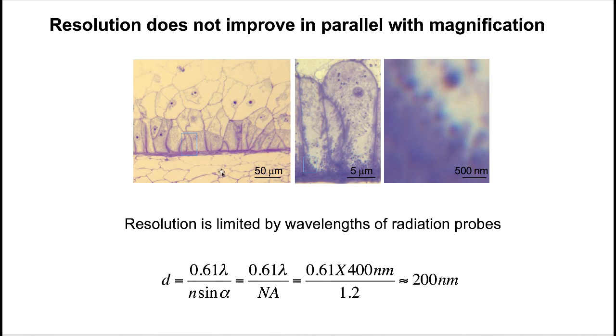This is the maternal pedicel, and this is a magnified view of the area indicated by this light blue square. From here to here, there is a 10 times increase in magnification, as you can tell by the changes in the scale bar.